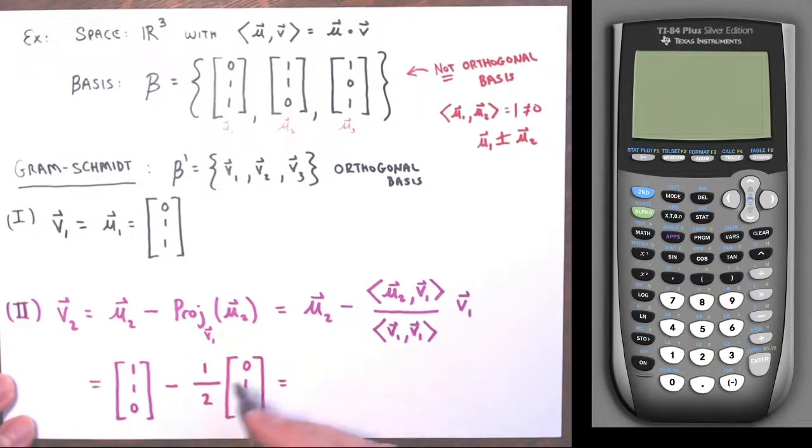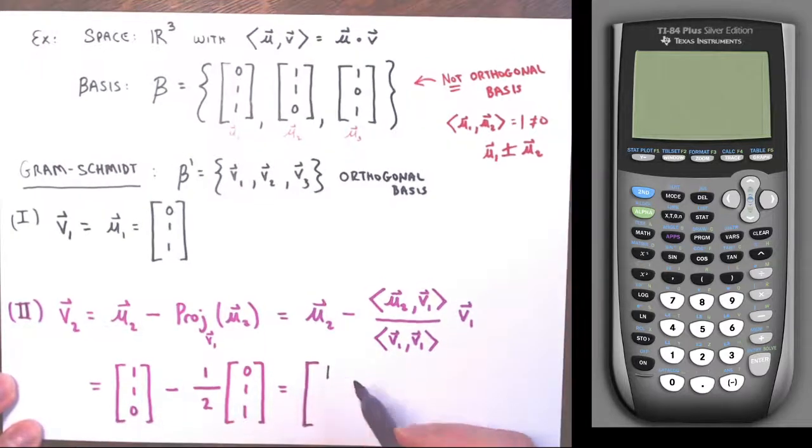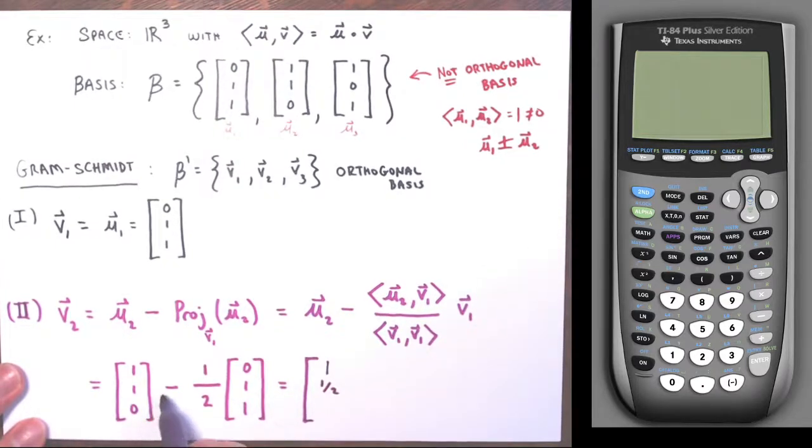All right, and putting this stuff together, v2 is 1 minus 0, so 1. Then 1 minus a half, which is a half. And then 0 minus a half, so negative half.